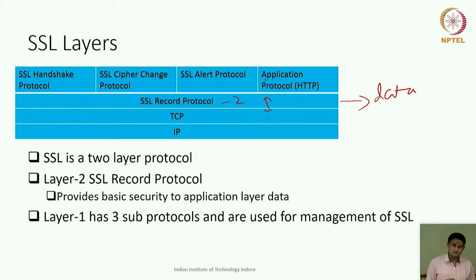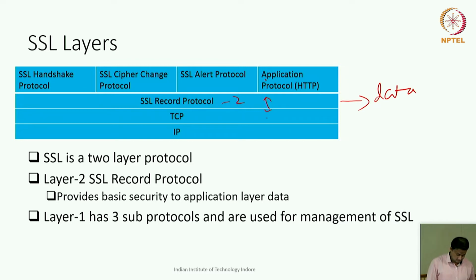They are meant to establish the connection between the two end systems and then monitor what's going on between these two, whether things are okay, or something needs to be changed, or the other party needs to be alerted. In a nutshell, these management or control plane operations are done by these 3 protocols, which are at layer number 1. And the actual data transfer, the encryption, whatever the application is giving, is carried over the SSL record protocol.